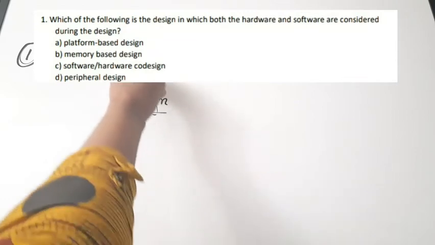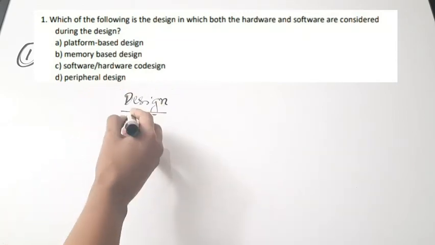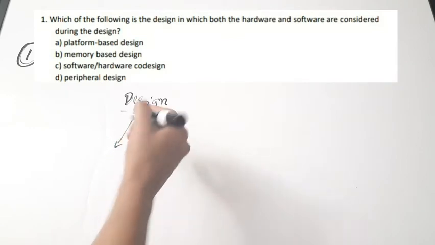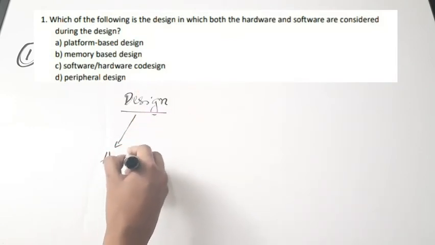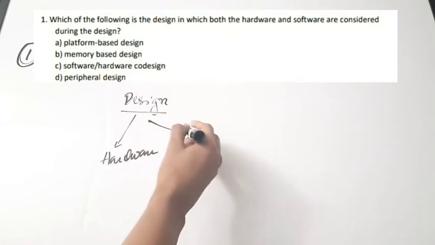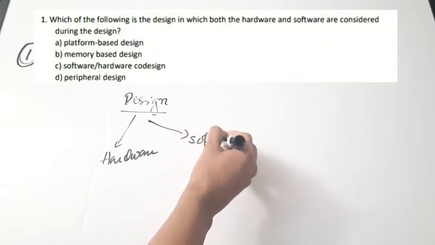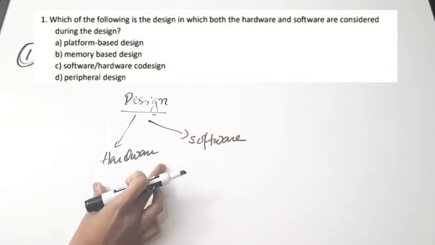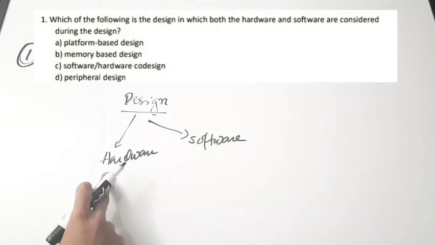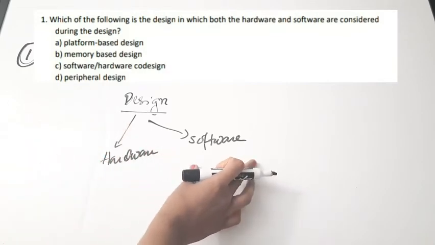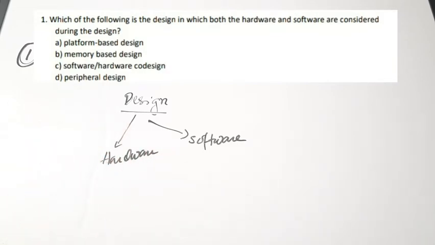So for an embedded system or ES design, you only require the application specific hardware and software. For example, take the case of a printer. We only require the needed hardware for the printing and also the required software. We don't put a lot of other software into the system because it is an embedded system. It is for a specific application.